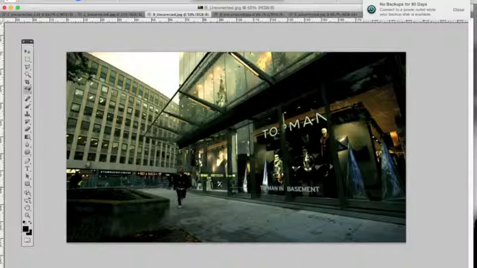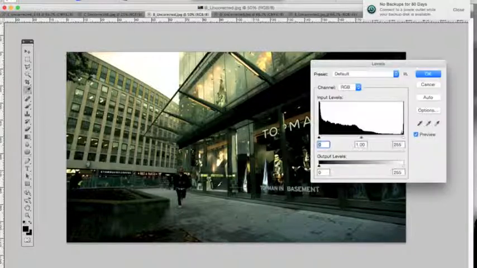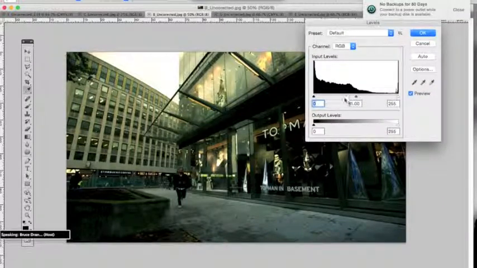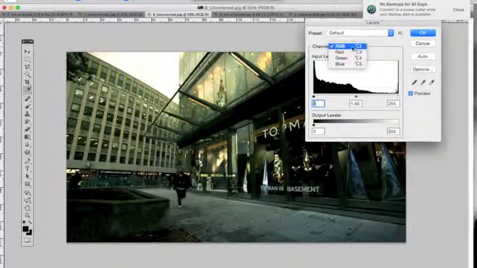So we're going to use a tool in Photoshop to first of all check if our centre point is in the correct place. This is called the Levels tool, and we can see here that we've got a lot of pixel data from the halfway point to the black point, and we have very little pixel data between the half point and the white point.